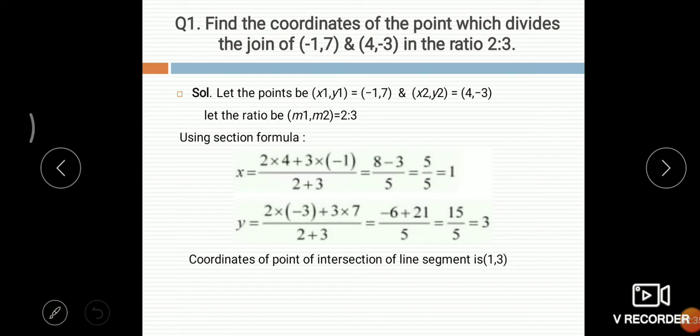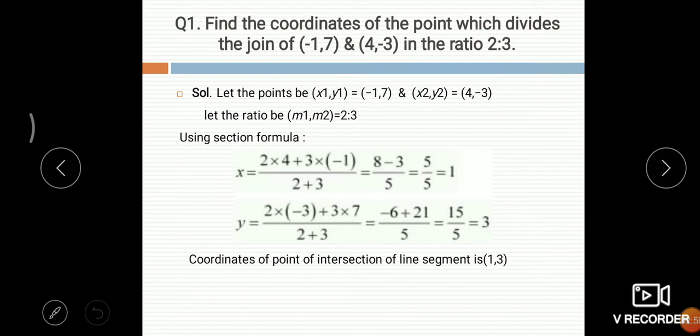Let the m1, m2 ratio be 2 and 3 respectively. In place of m1 and m2, you can write m or n or any other alphabet. Substituting these values in the section formula, and after calculating them, I got x as 1 and y as 3.